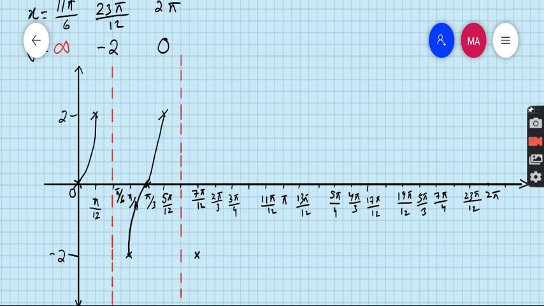At 2 pi by 3, the value is 0. At 3 pi by 4, the value is 2. At 5 pi by 6, the value is undefined.